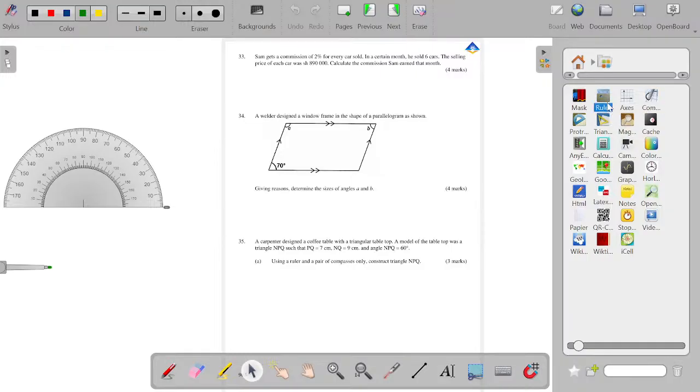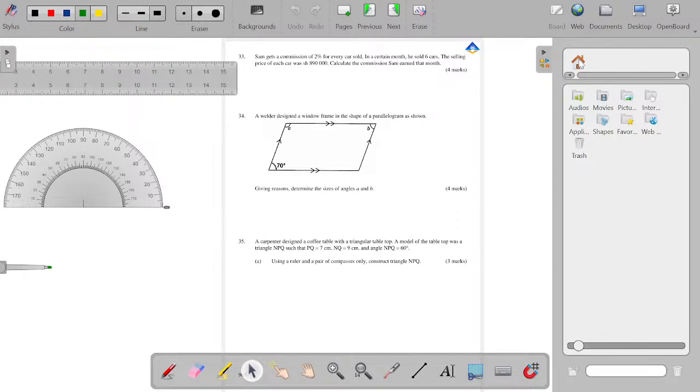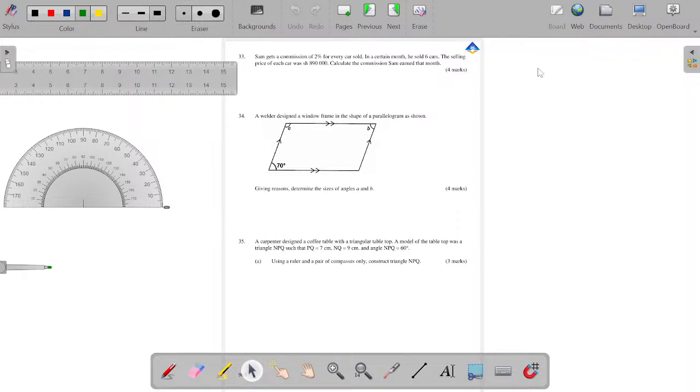I've availed my construction materials. Now it's up to me just to do the construction.